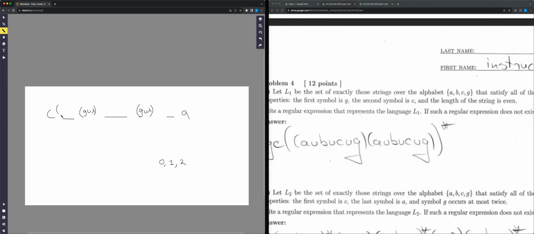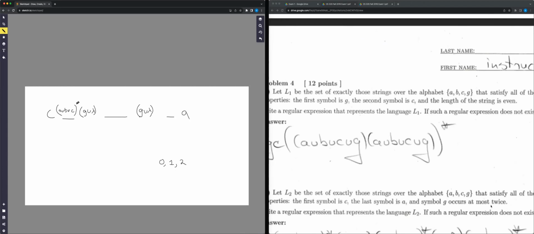So what can go in between my C and the first occurrence of a G? Anything, as long as it's not a G. We can't have more G's because if I have A or B or C or G star, that means I could get G's from here. So this can only be A or B or C star.